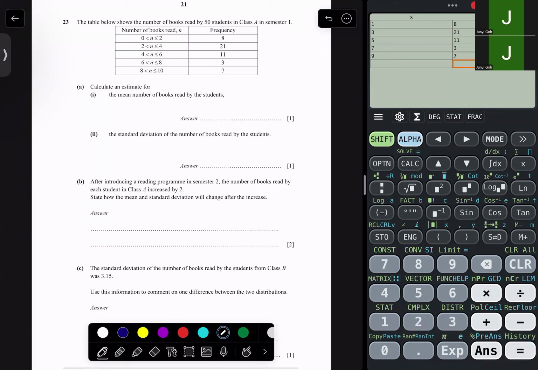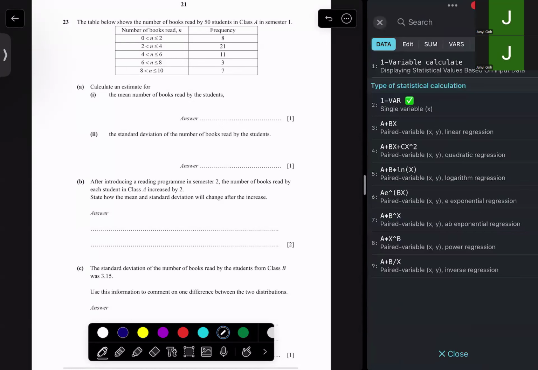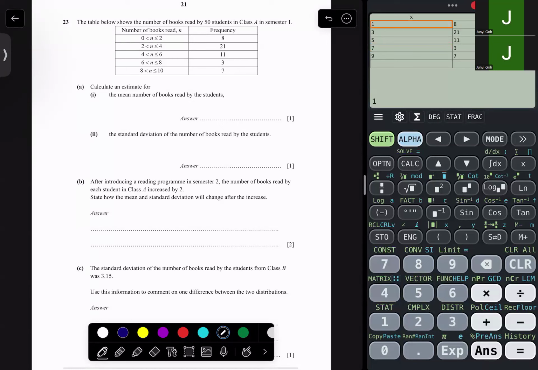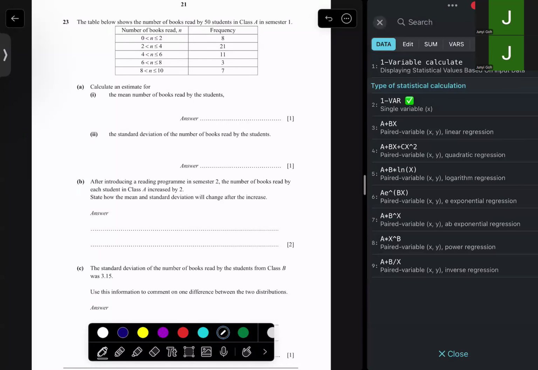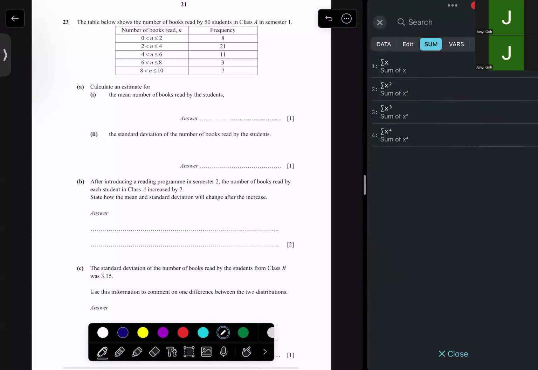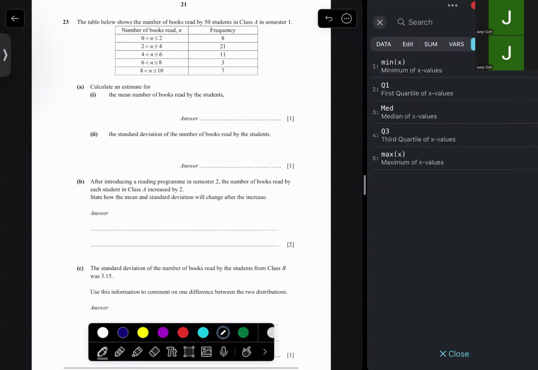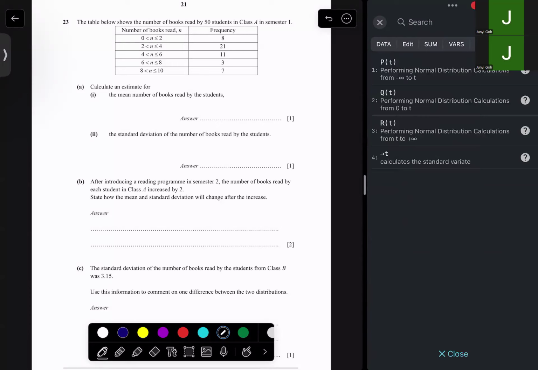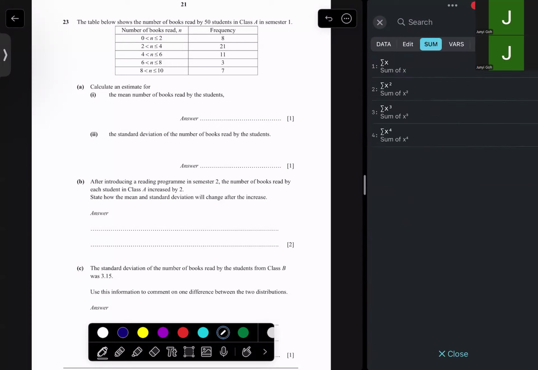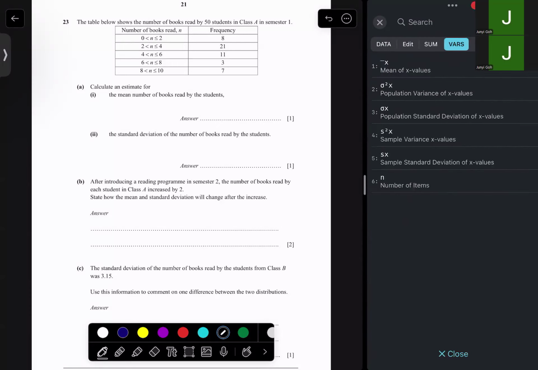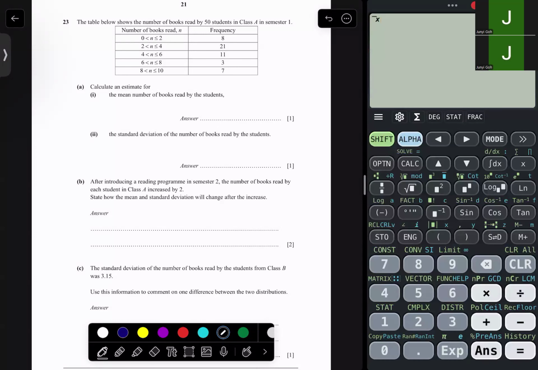Okay, so it's only 1 mark each. So don't waste too much time on this. Okay, this is x bar, where x bar equals 4.2.